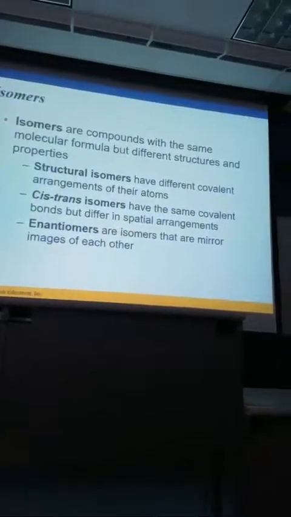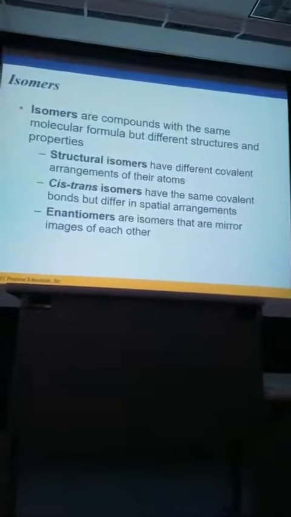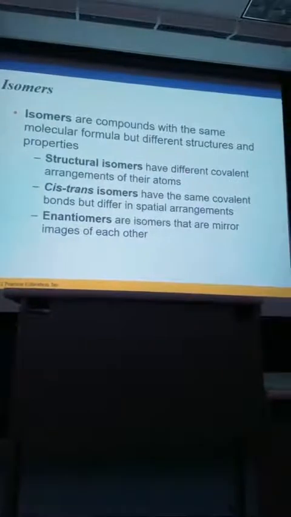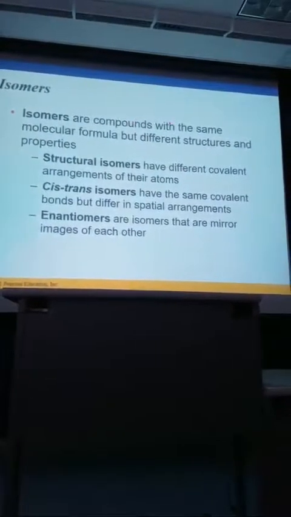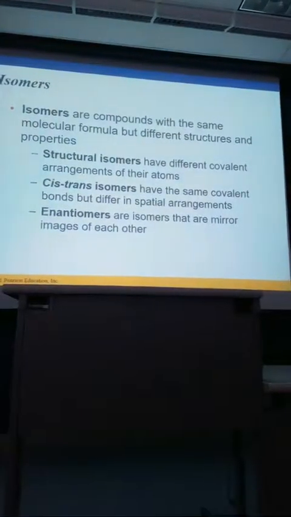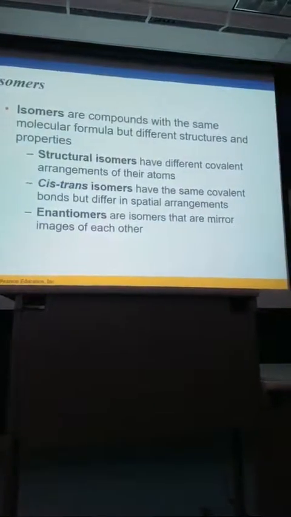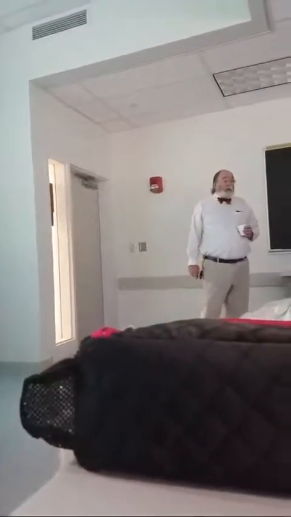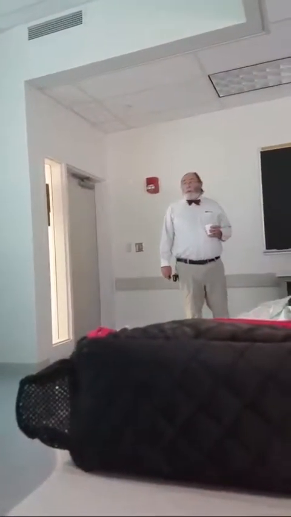We mentioned the isomers. There's not that much I want you to remember totally about isomers, except notice they are compounds that have the same molecular formula, but their arrangement is different. And because it has that different arrangement, they can have different properties.